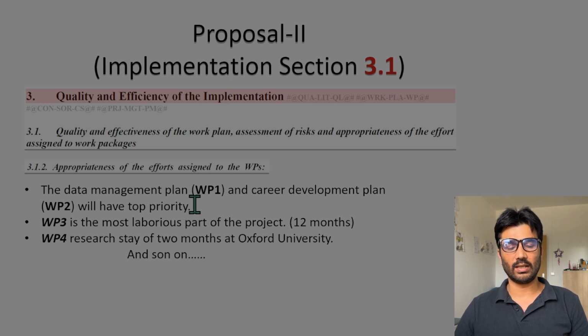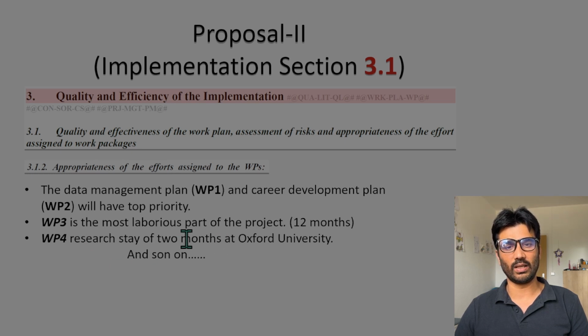And similarly, I explained why I want to spend 12 months on work package 3, because this is the most challenging part of my project, as most of the time will be spent synthesizing. And similarly, work package 4 was about my secondment. So what I want to do there and what time I need there.